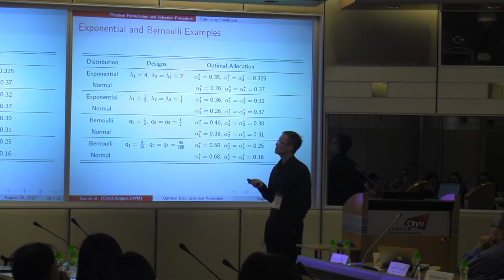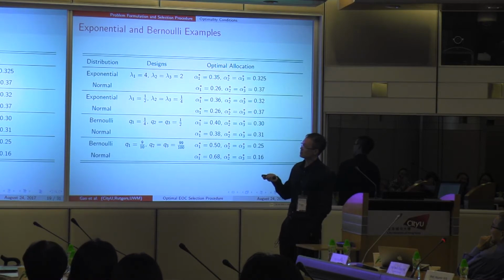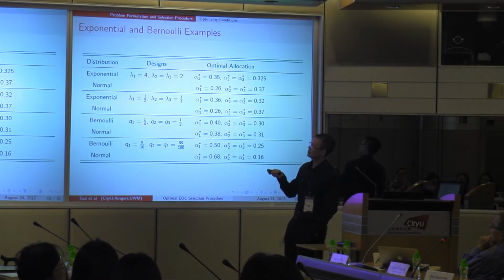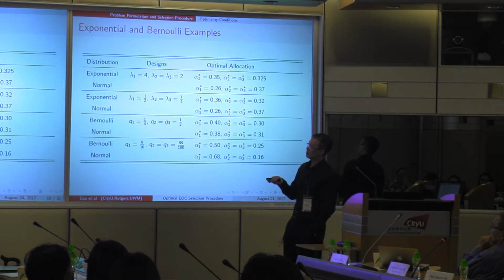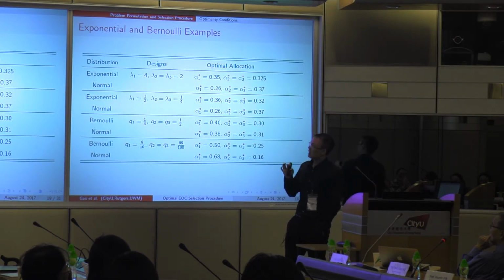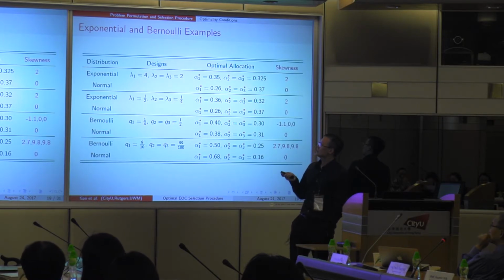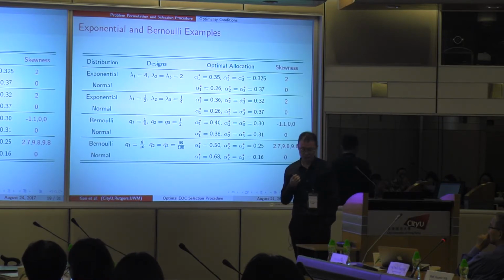And here's the result. We can see that for the 3rd example, the 2 allocations are close to each other. For the first 2 examples, the differences are bigger, and for the last example, the difference is the biggest. So one possible factor that might be able to explain this result is the skewness of the underlying distribution.